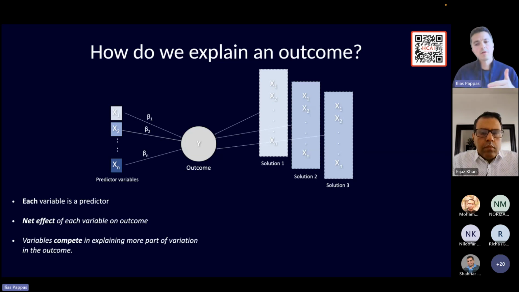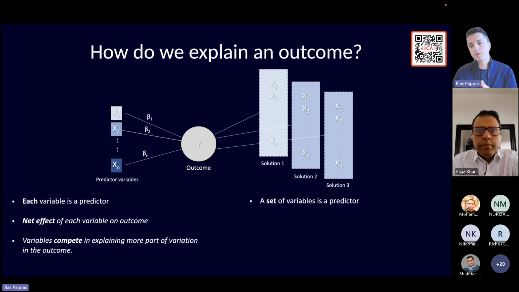Now instead I have three solutions that include the same variables, but a different amount of them, a different version of them. We call these conditions, and maybe not all of them. So the set of variables is a predictor. The group of the variables becomes a predictor. So solution 1, solution 2, solution 3.